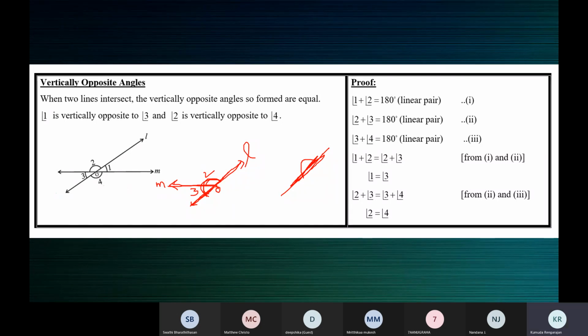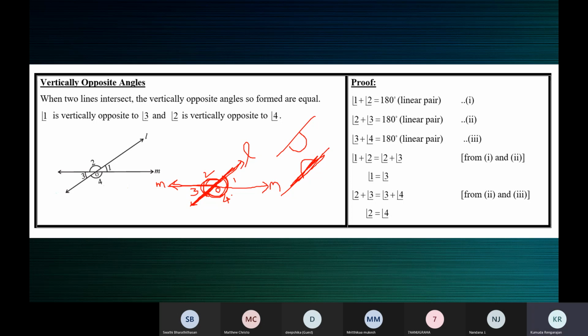Similarly, on the other side of L, this is the line M. On this side, we have angle 4 and we have angle 1. So see here, angle 4 plus angle 1. They lie on the line L. They completely lie on L. So their sum will be 180 degrees.